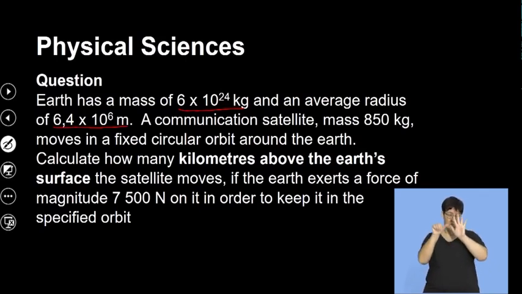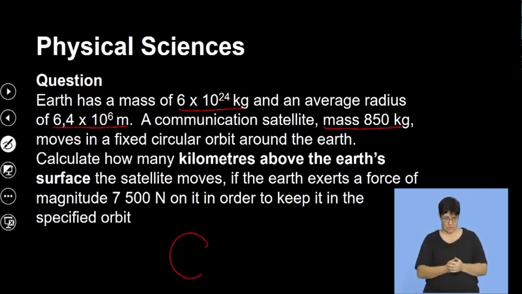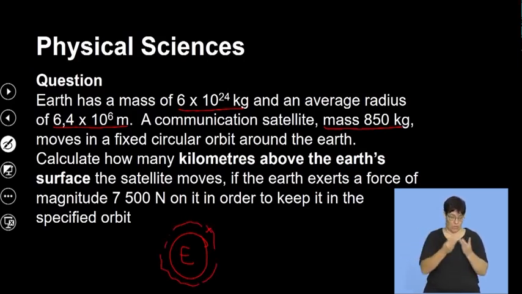Then they tell you a communication satellite, so it sits atop the Earth, has a mass of 850 kilograms, moves in a fixed circular orbit around the Earth. So we have the Earth, and then we have the satellite that moves around the Earth, and it stays the same distance above the Earth.